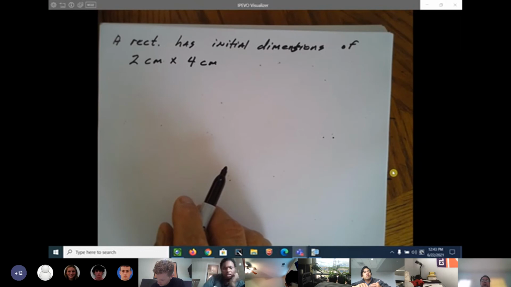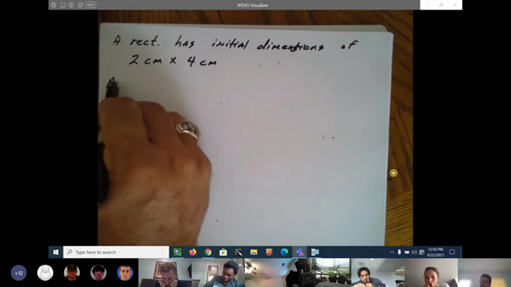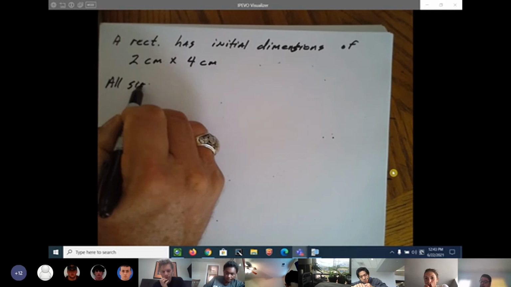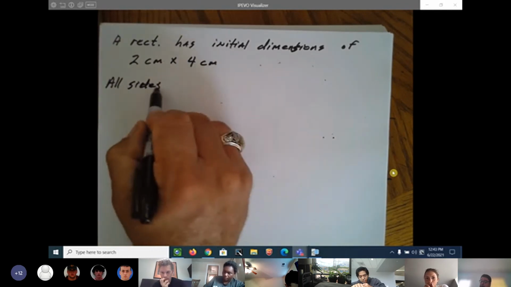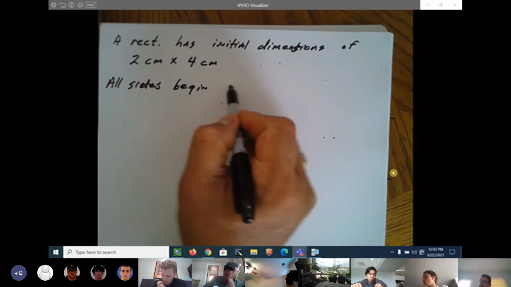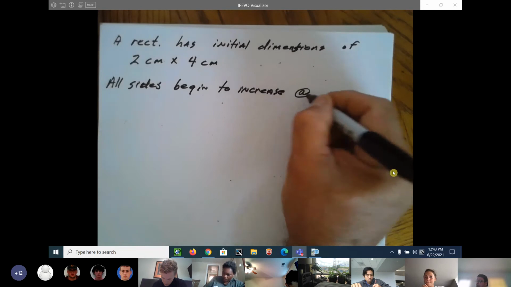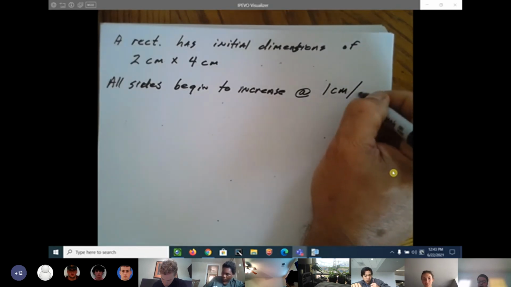Dimensions, yeah, the S. I always want to put a T there, like dementia. Okay. All sides begin to increase at 1 centimeter per second.